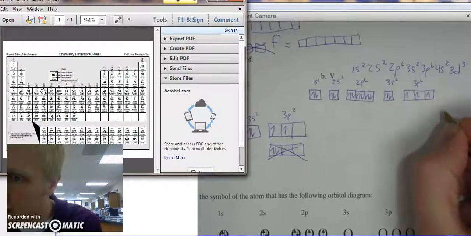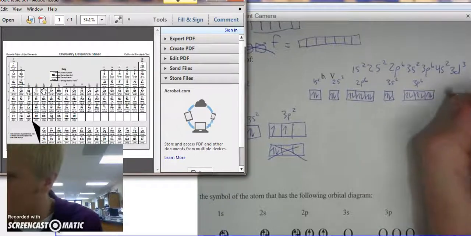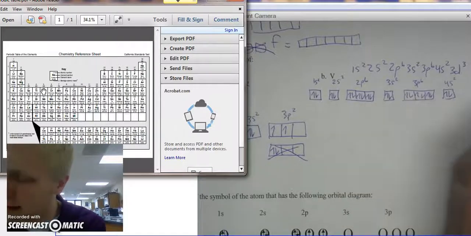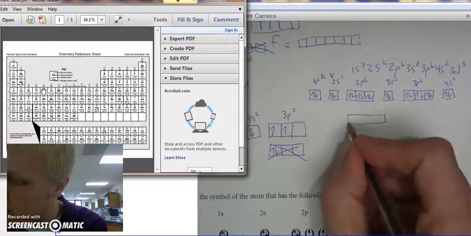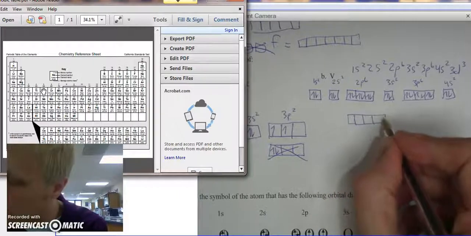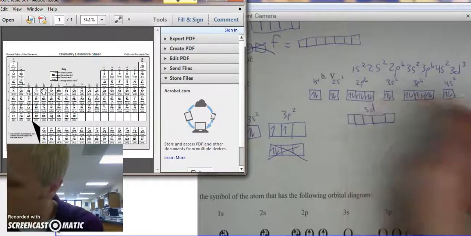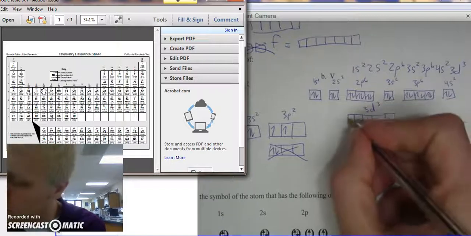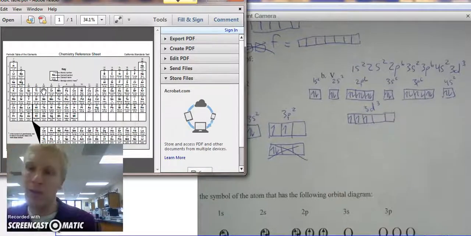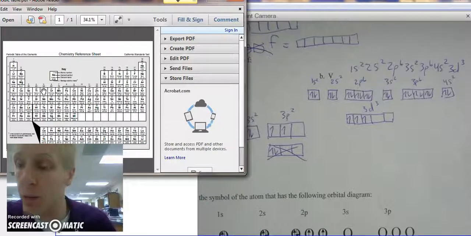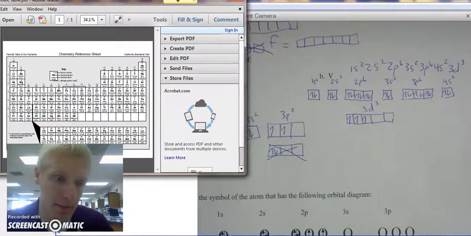And then I have 4s2. I don't have enough room, so I'm just going to start another row. 1, 2, 3, 4, 5. And this is 3d3. I'm going to put 1, 2, 3 to follow Hund's rule, showing that each box needs to have one electron in it before you can add a second.